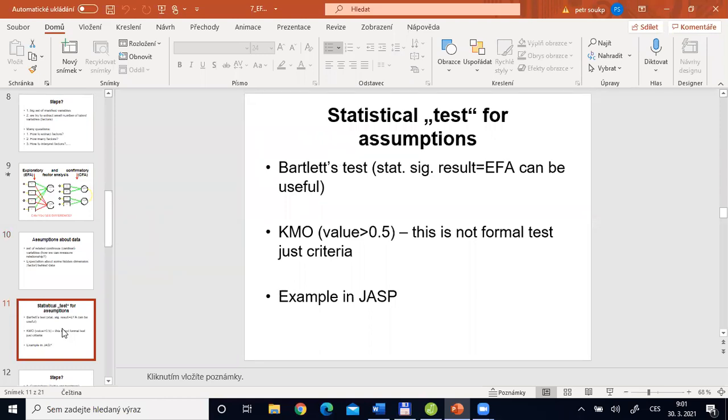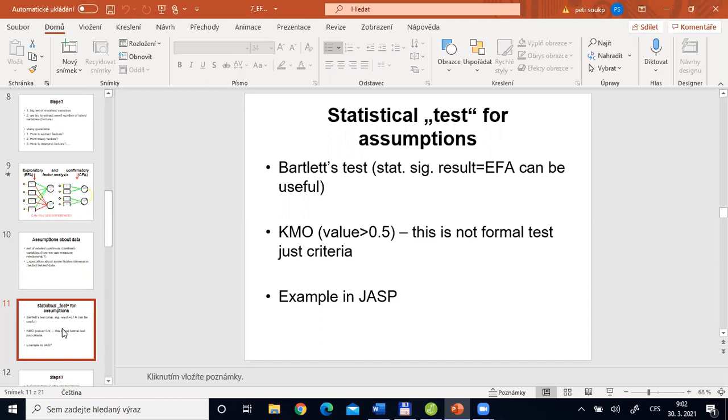I can also evaluate statistically, by a test and criteria, whether there is some relationship that is important and significant, and that's why it would be good to apply exploratory factor analysis. There are two well-known procedures for this task. There is a formal test, which is called the Bartlett test, named after the statistician Bartlett, who invented this procedure.